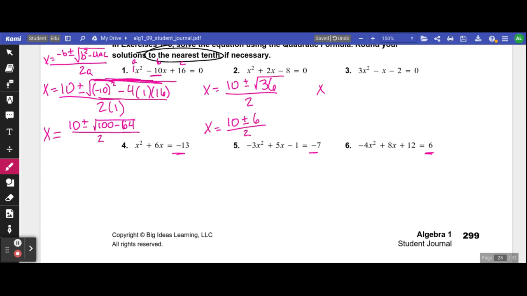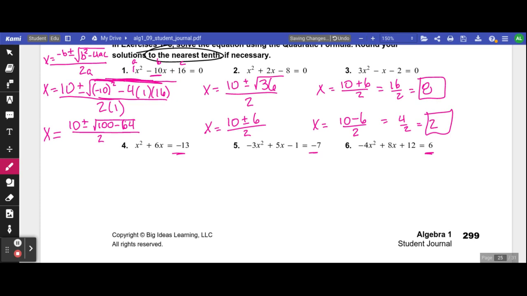So I'll have one where it is 10 plus 6 over 2, and I have one where it's 10 minus 6 over 2. All right, 10 plus 6, I get 16 divided by 2 to get 8. And I have 4 divided by 2 to get 2. All right, so those are my two answers.